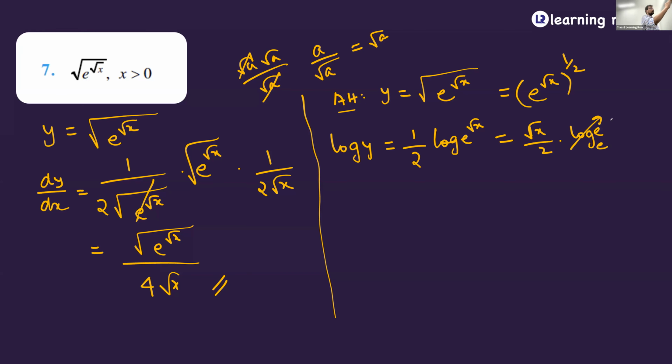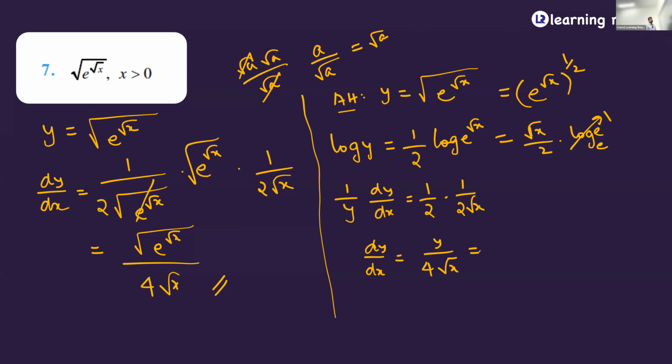This is 1. So differentiate. What is the answer here? 1 divided by y into dy by dx is equal to 1 by 2 into, what is the derivative of root x? 1 by 2 root x. So dy by dx will be equal to y divided by 4 root x.